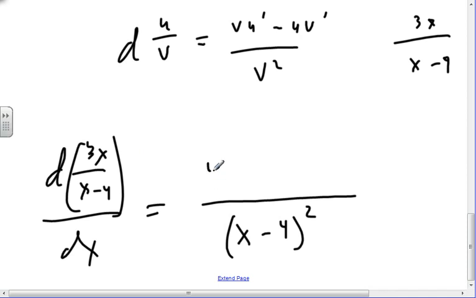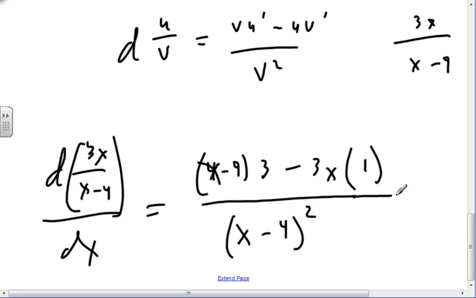Okay, guy on the bottom, x minus 4, times the derivative of the guy on top, 3, minus the guy on top times the derivative of the guy on the bottom, 1. 3 times 4 is 12. I have 3x, I have minus 3x going away, over x minus 4, the quantity squared.